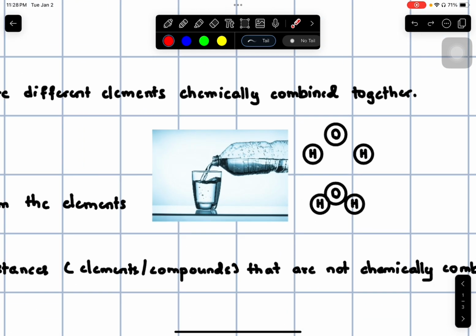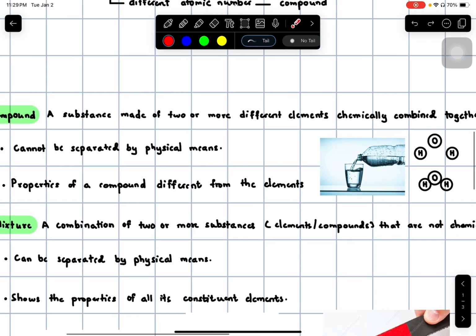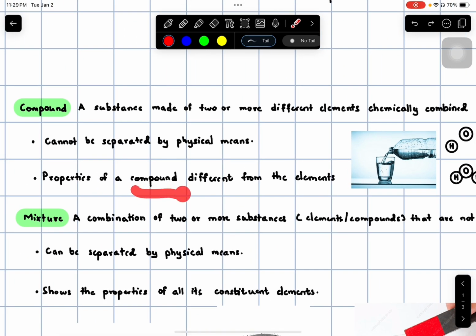What does it mean? Hydrogen as an individual element is very explosive. Oxygen as an individual element is also very explosive. But when they chemically join together to form a new molecule called H2O water here, they're no longer explosive. It becomes drinkable, which means that the properties of a compound become different from the elements that make the compound.